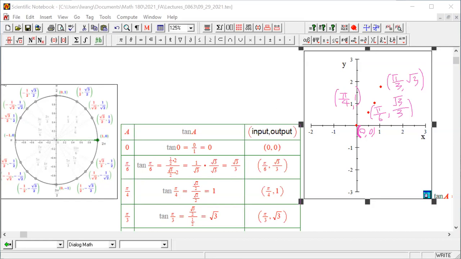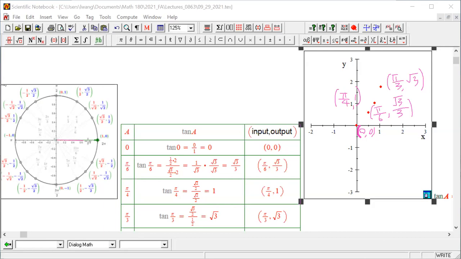As the input increases, you can see this input is getting larger and larger from 0, and the output gets larger and larger as well. You can see the point is going higher and higher to the right. So on this piece, we see an increasing tendency as we select our angles as input.